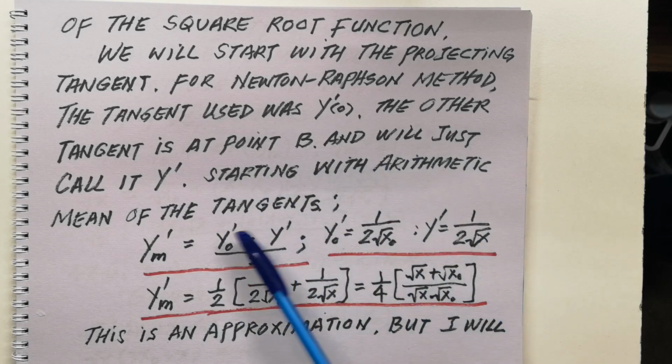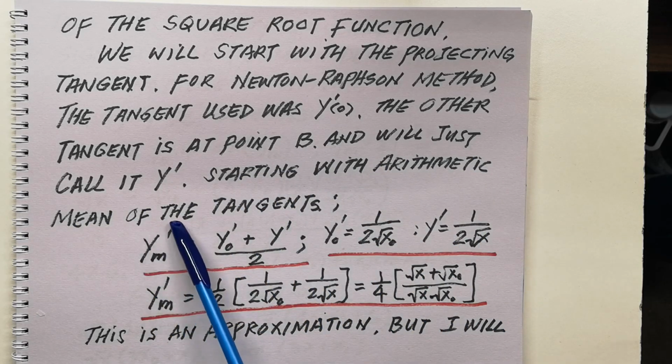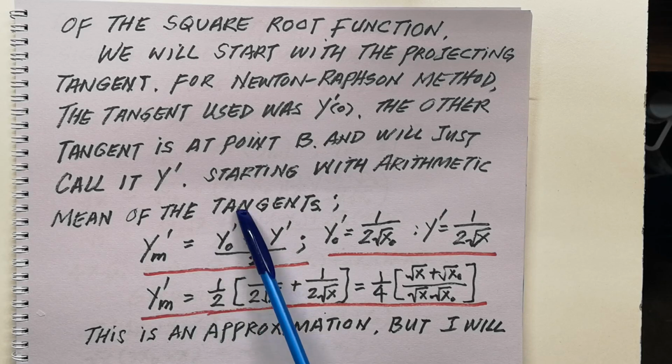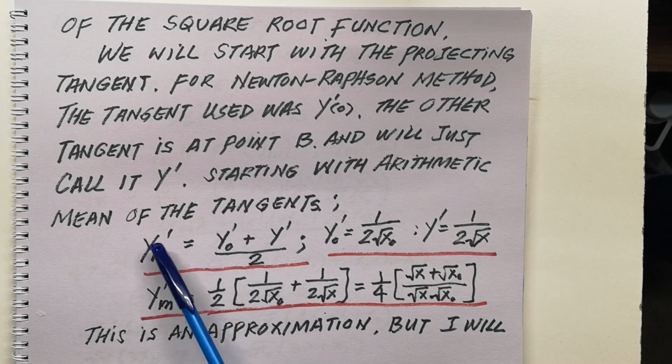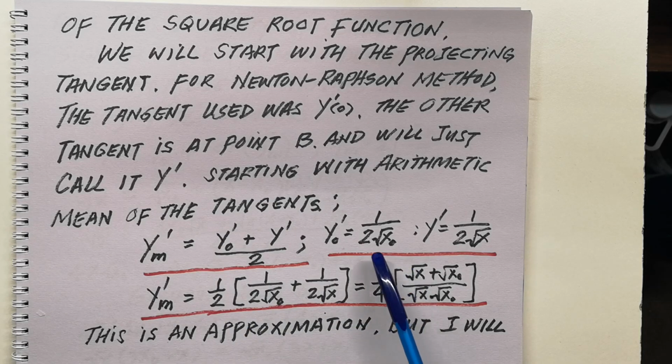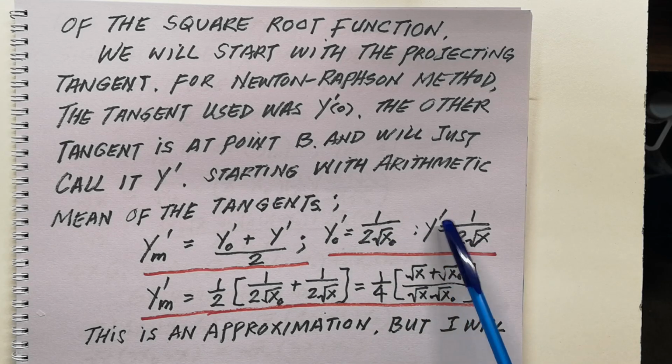Starting with the arithmetic mean of the tangent, y prime m equals y prime at 0 plus y prime divided by 2. That's the arithmetic mean of the tangent, in which y prime at 0 is equal to 1 over 2 square root of x0. And the y prime is equal to 1 over 2 square root of x.